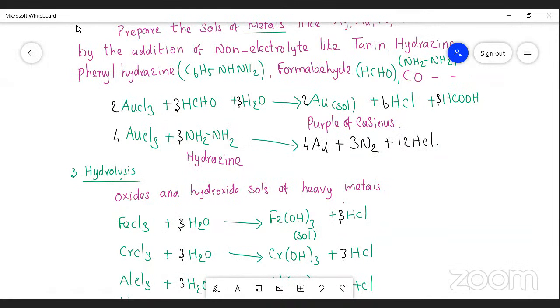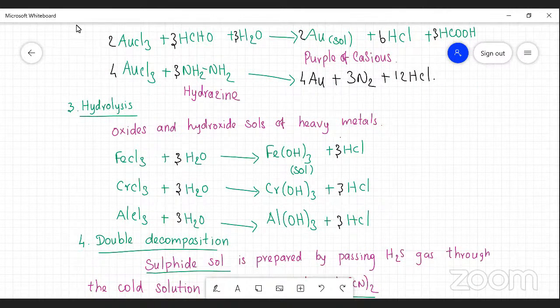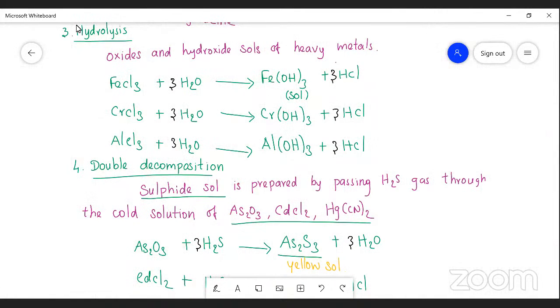Now the third one is hydrolysis. What is hydrolysis? Oxides and hydroxides of heavy metals are prepared by hydrolysis. Ferric chloride is converted into ferric hydroxide by hydrolysis, chromic chloride into chromic hydroxide, and aluminum chloride into aluminum hydroxide.